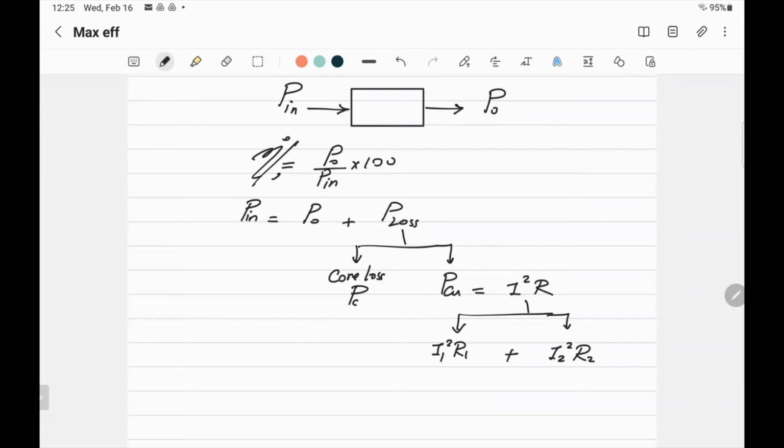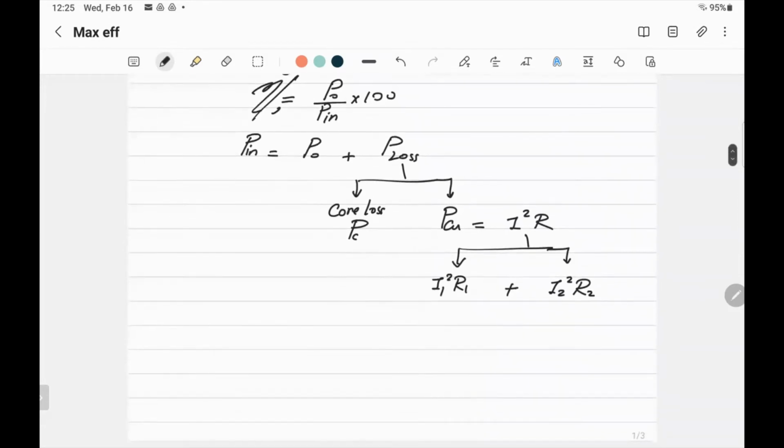What about if you are working with the equivalent circuit? It depends which side. If you're referring all parameters and variables to the primary side, you're working on side one.